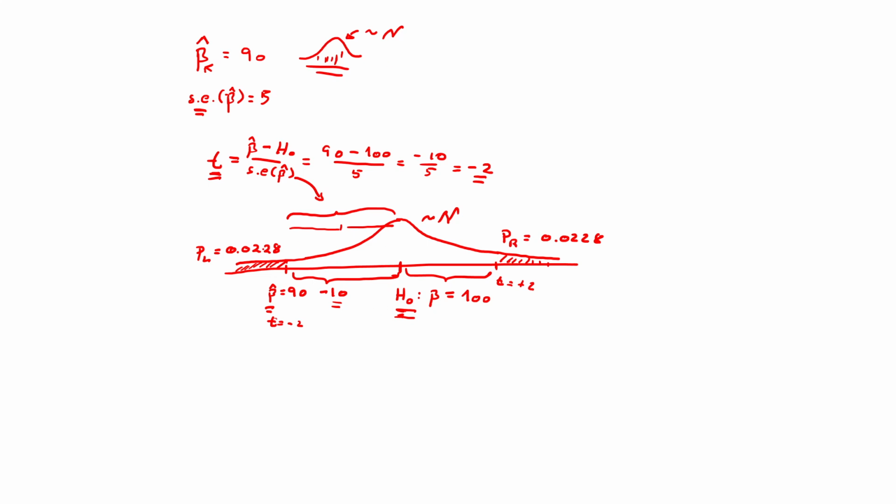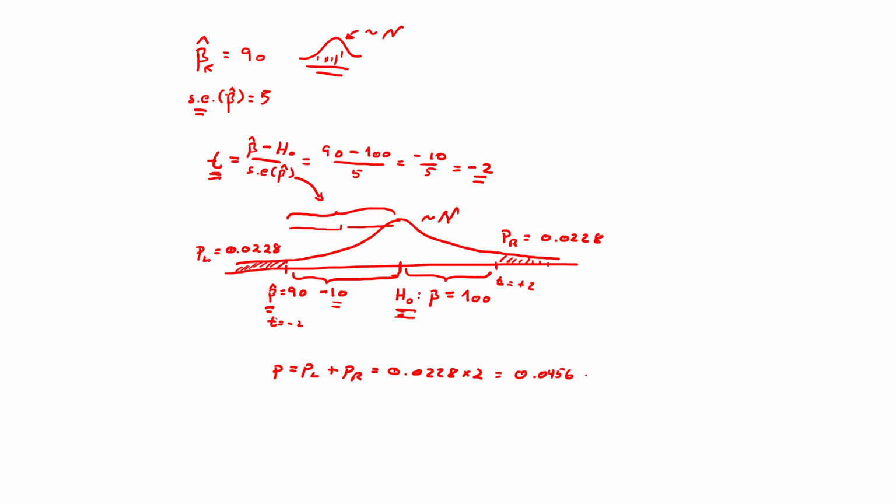So the p-value of this two-sided test equals the probability of the left tail plus the probability of the right tail, which is equal to 0.0228 times 2, and this would be equal to 0.0456.